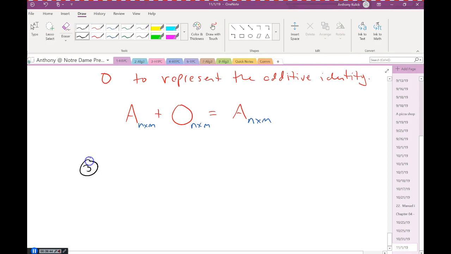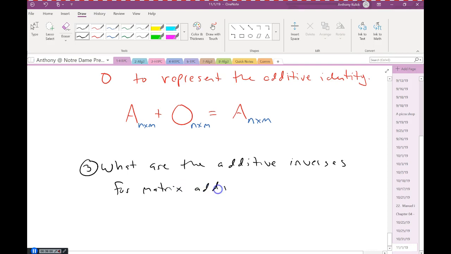Okay. So my next question, I'm asking, what are the additive inverses for matrix addition? What do those look like?